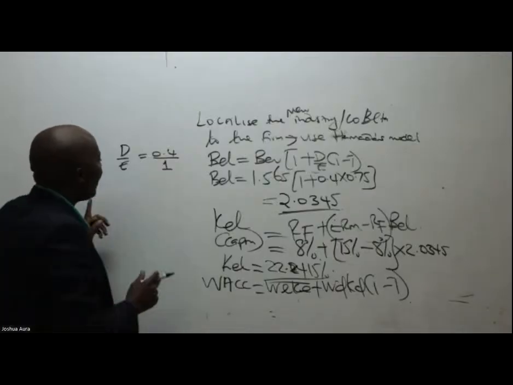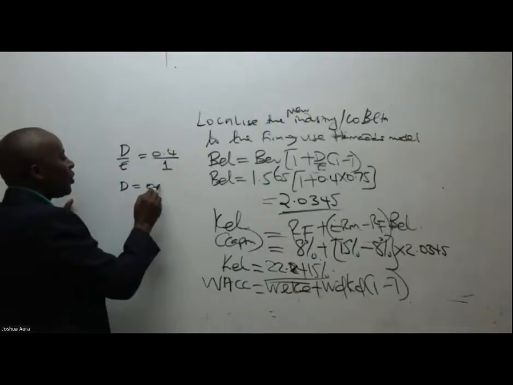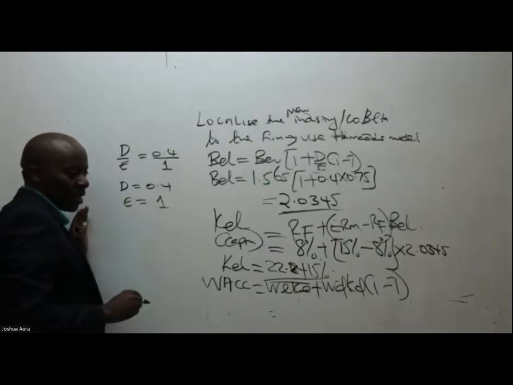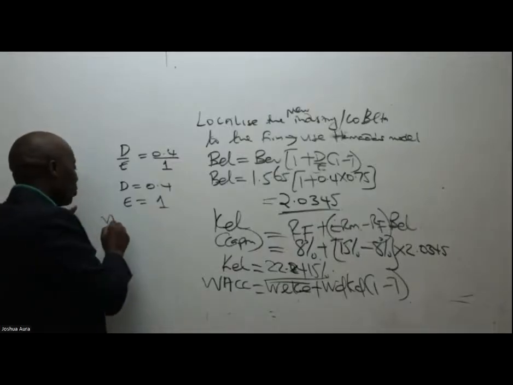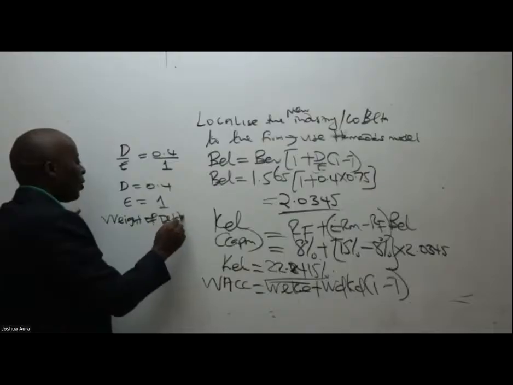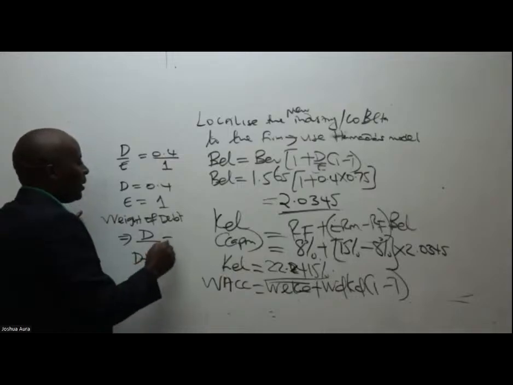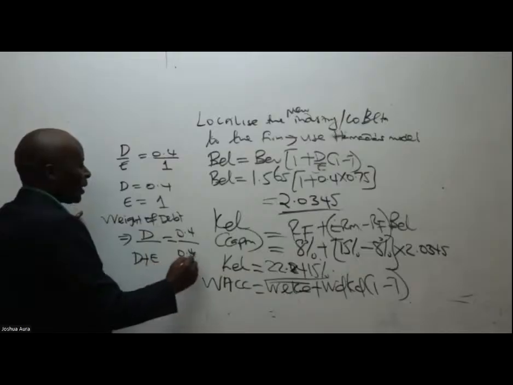So debt, in short, is 0.4 and equity, in short, is 1. When you want to get the weight of debt, it will be debt over debt plus equity. Debt is 0.4 over 0.4 plus 1.